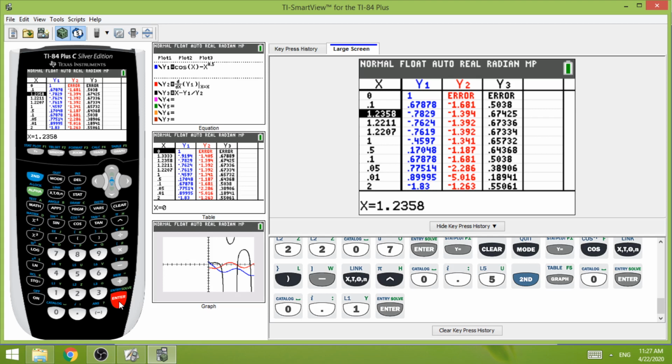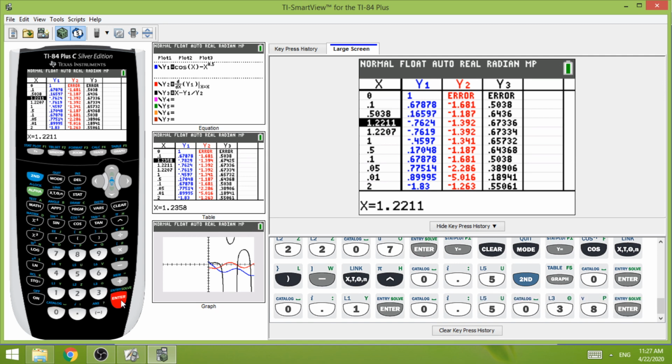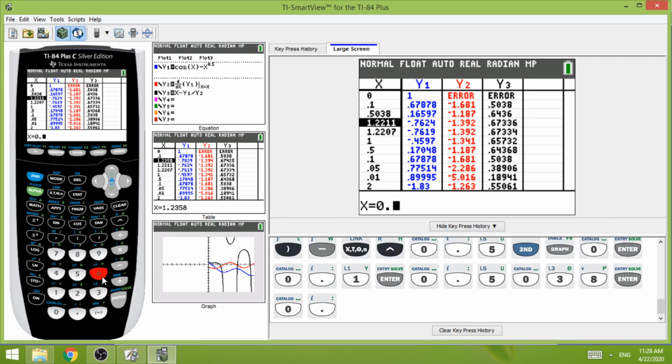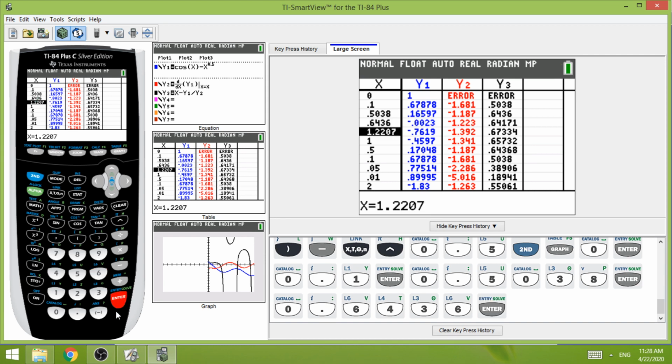So we end up with 0.5038. Okay, try that one more time. 0.5038. And then we got 0.6436. And then the next one, we got 0.64171.